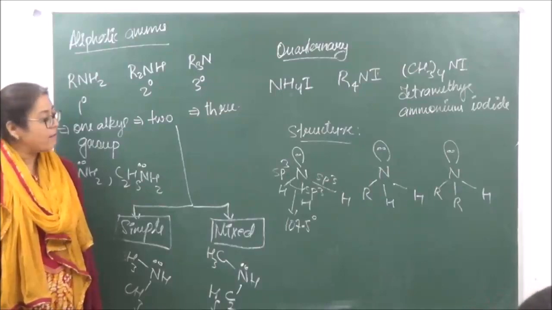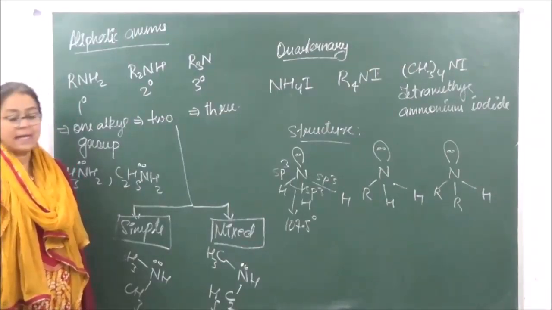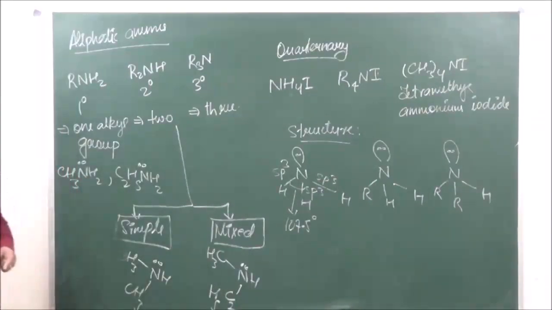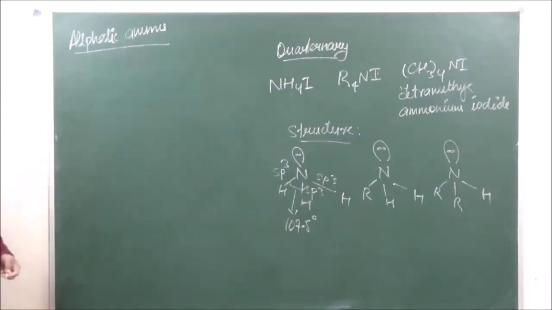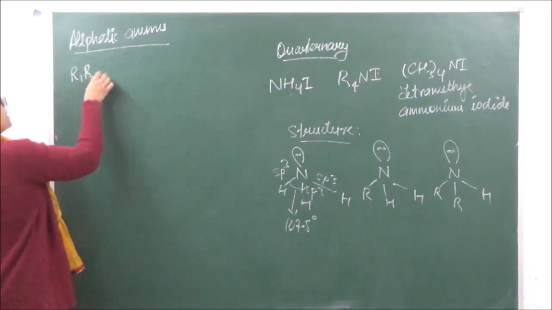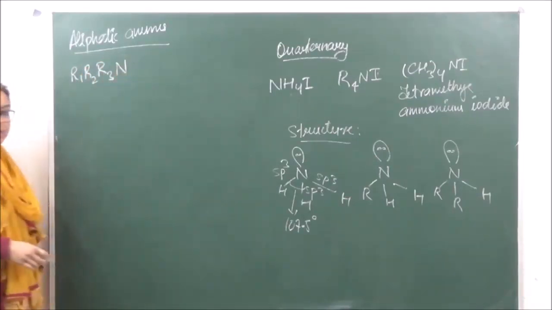Now if we have any mixed amine in which all the alkyl groups are different, for example, let's take one example over here, in which all the three alkyl groups are different. I'm representing them as R1, R2, R3N, right?